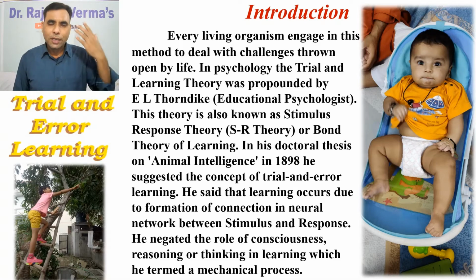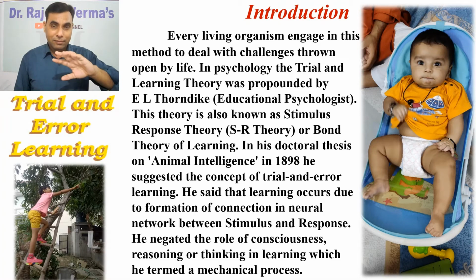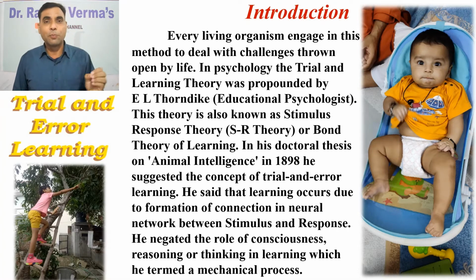There are neural networks in our system, that is the brain system, and the connection gets connected between stimulus and response, and due to that the learning occurs. He negated the role of consciousness, reasoning or thinking in learning, which is termed a mechanical process.